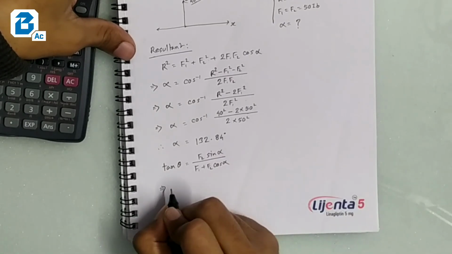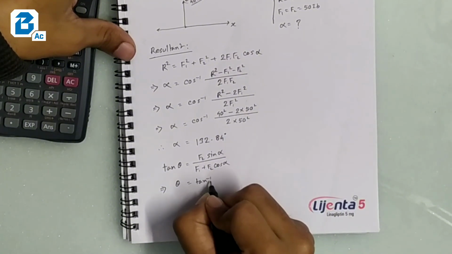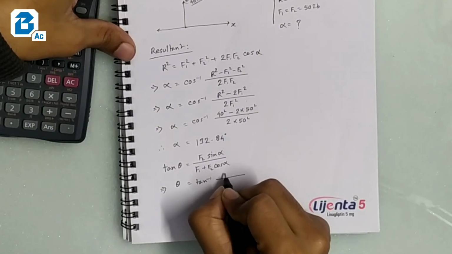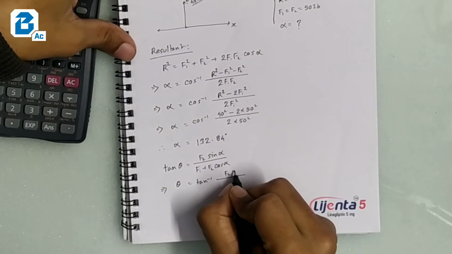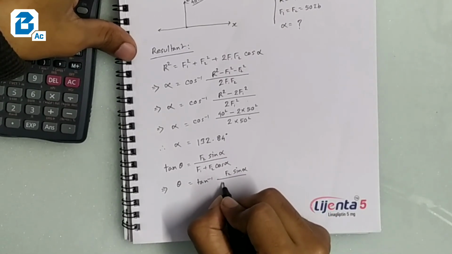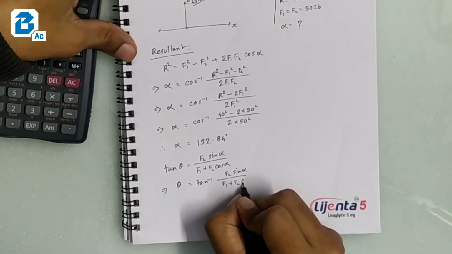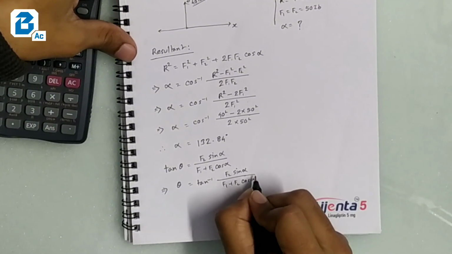Or we can write theta is equal to tan inverse F2 sine alpha over F1 plus F2 cos alpha.